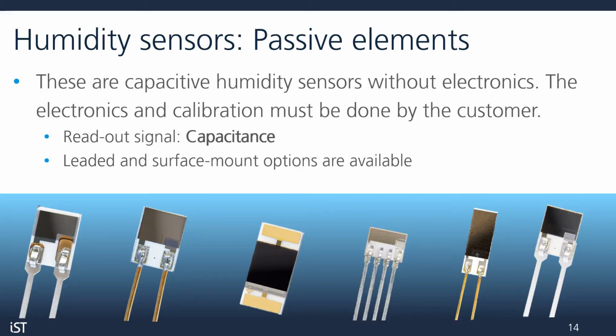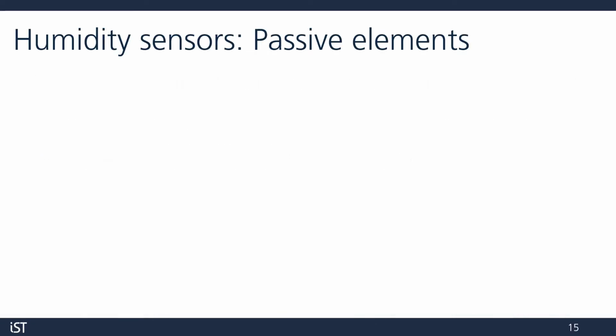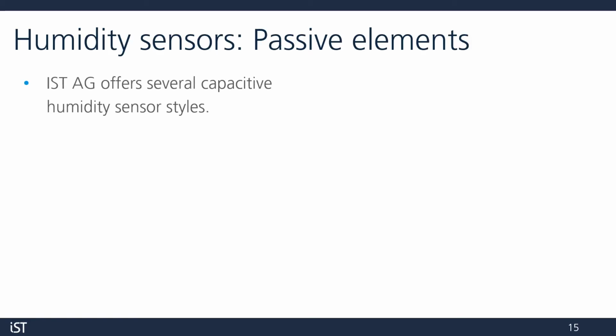You'll notice in the pictures that the sensors come in different chip sizes with different wire materials and configurations. Surface mounted or SMD types are also available. There are several styles to choose from. While they all work the same way, they have different characteristics which make them suitable for certain application areas.